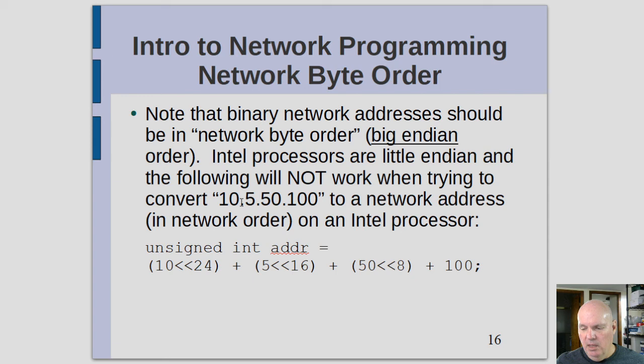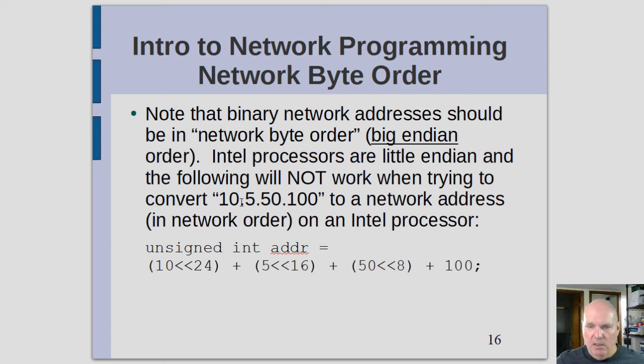In the packet that's sent across, we send the IP address of both the server and the client, stored as a 4-byte integer in the packet. Well, it has to be in a particular order. That's known as network byte order, and it's actually the same as big endian order.